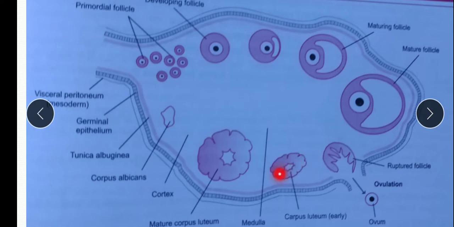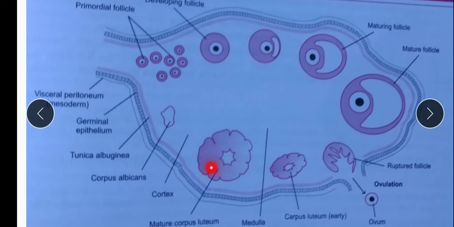So the corpus luteum is the post-ovulatory follicle, while the Graafian follicle is the pre-ovulatory follicle. The granulosa cells of the ruptured Graafian follicle increase in number and become yellow in color, and these are now known as the lutein cells. The interior of the corpus luteum becomes highly vascular, richly supplied with blood capillaries. Now what is the function of this corpus luteum?